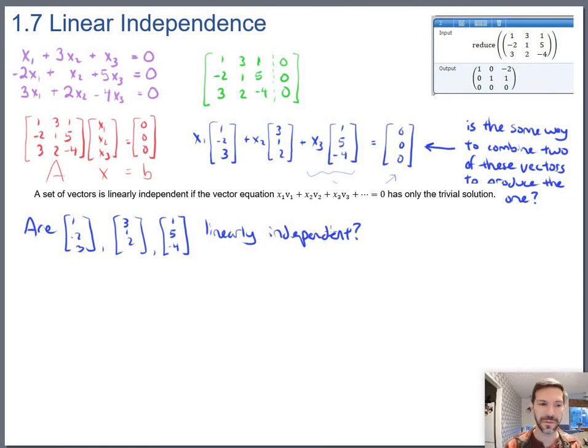So look at the output here. If we are trying to solve this, we get something like, let's see if I can squeeze it in here, x1, and this would be minus 2x3 equals 0. Pretend there's little zeros on the end here.